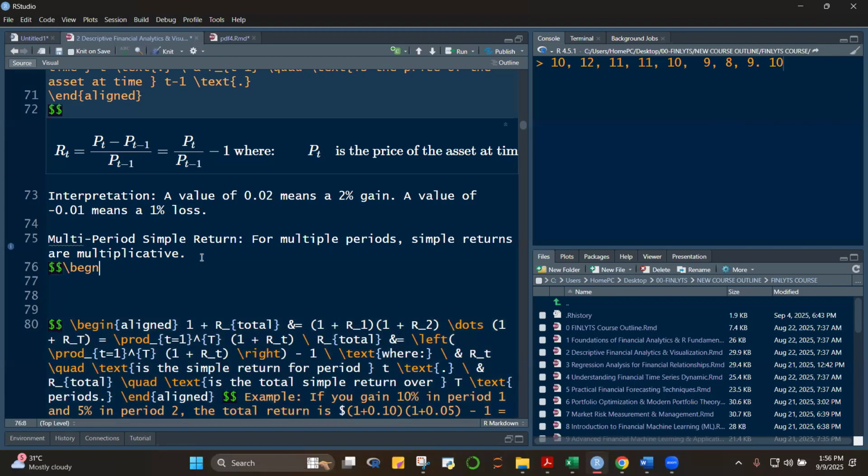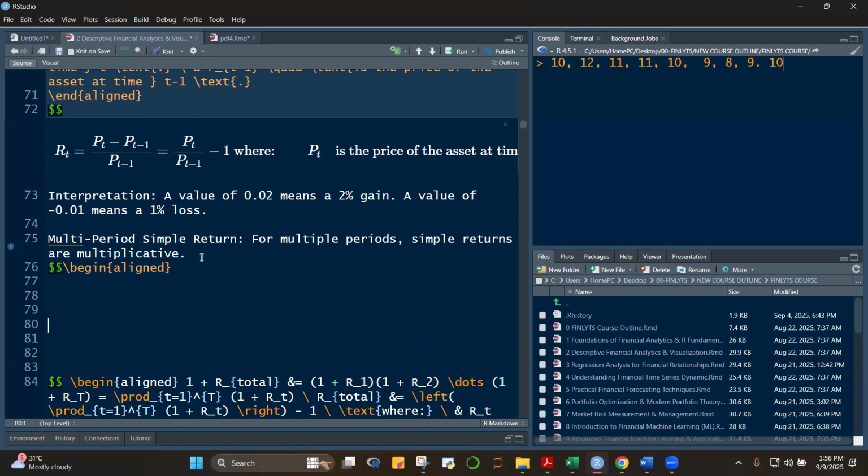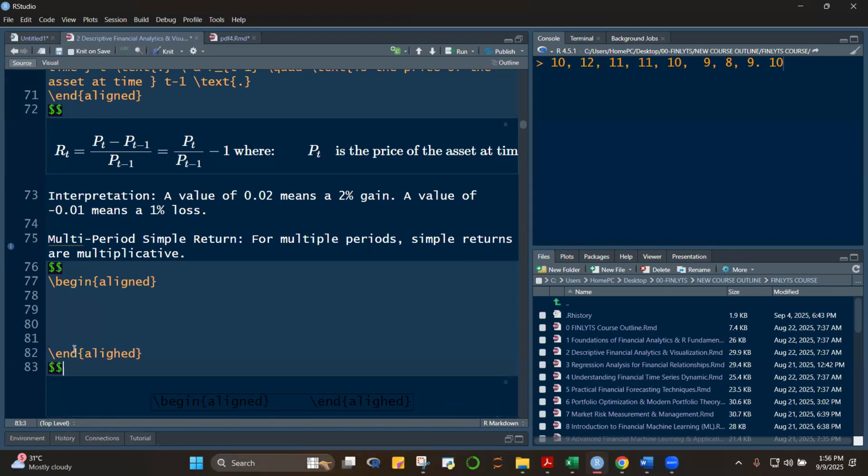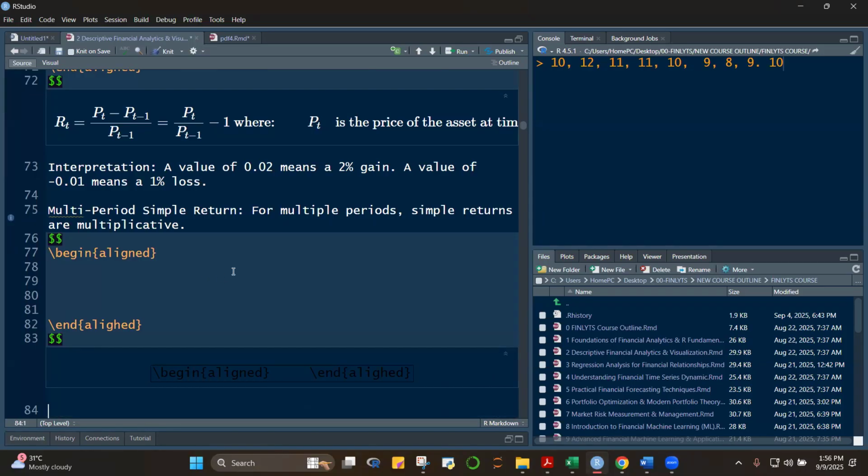Slash begin aligned. Slash end aligned. Dollar sign. Okay. You'll notice that it does not have anything inside. There's black text below.